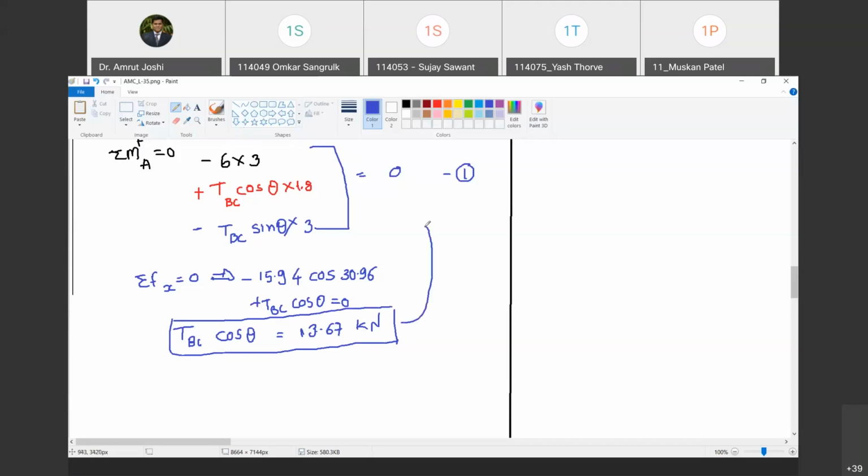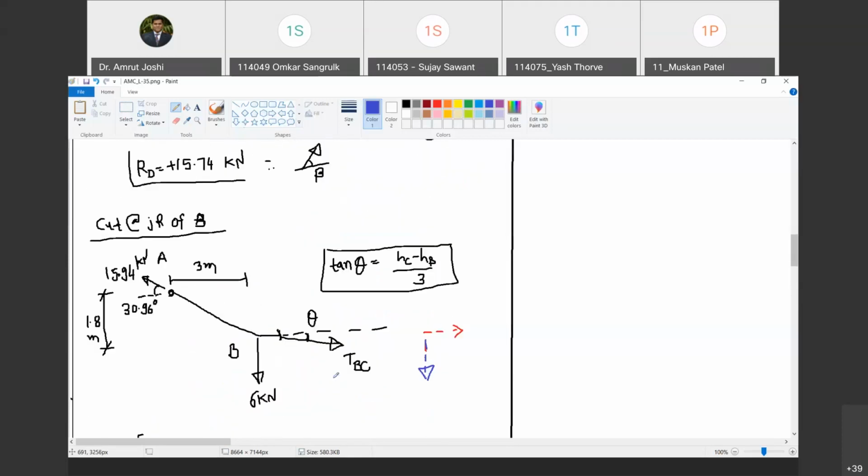Can I put this value in equation 1 to get the value of TBC sin theta? Can you tell me the value of TBC sin theta? Minus 1.44, minus 1.1.